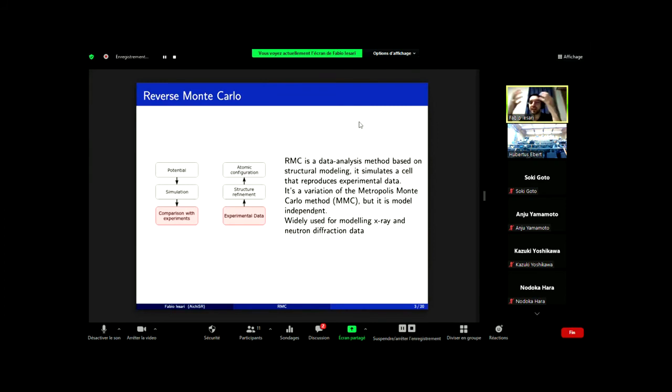And so we can say that the configuration that we obtain is able to reproduce our experimental data. So in some sense, of course, it's not the real structure, but it's something that is probably compatible, so it can be a possible structure, let's say.